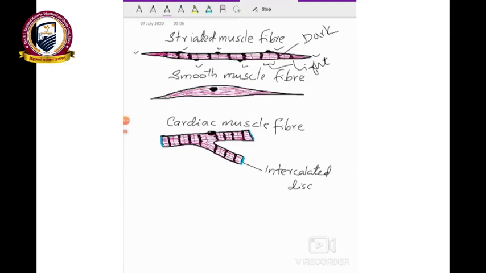So that is the structure of a striated muscle fiber, and it is further divided into sarcomeres.